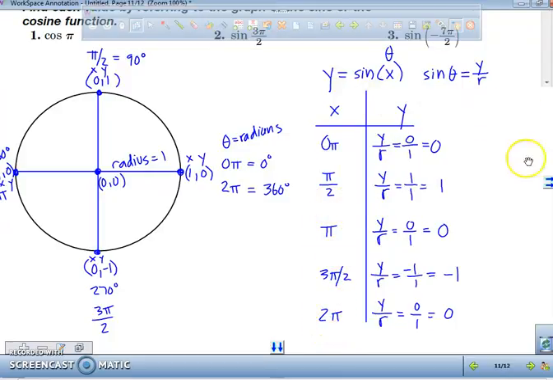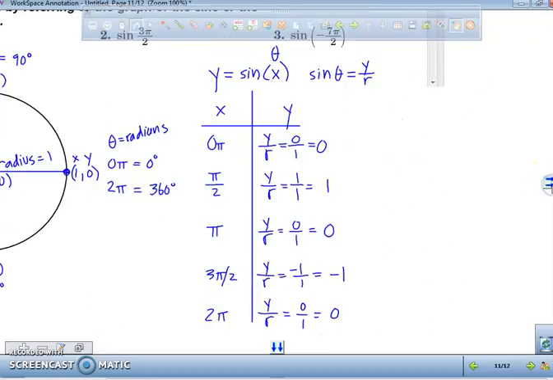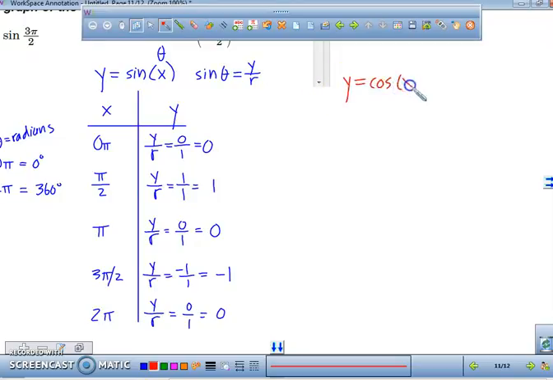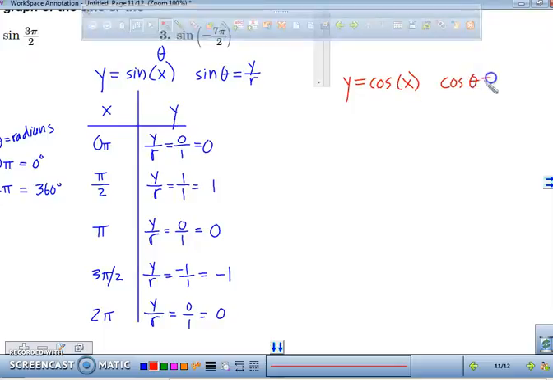Okay? So the next thing we're going to do is talk about the cosine method. I'm going to do this one in red. I'm going to put y equals the cosine of x. Remember, the cosine of theta is equal to your x value over your r value. It's going to be all the same thing except we're using cosine, not sine.